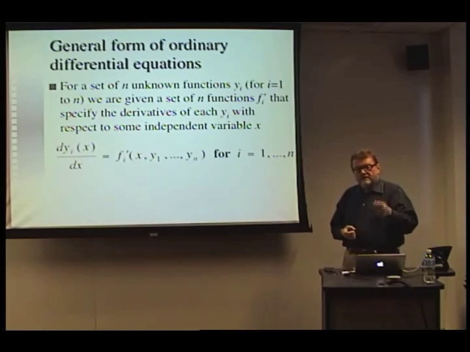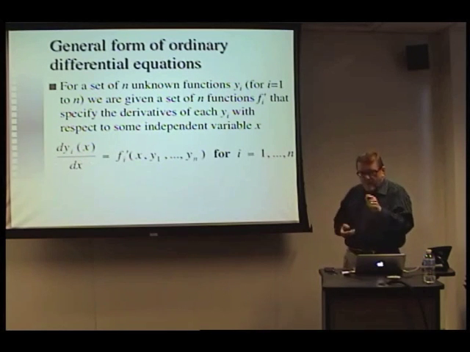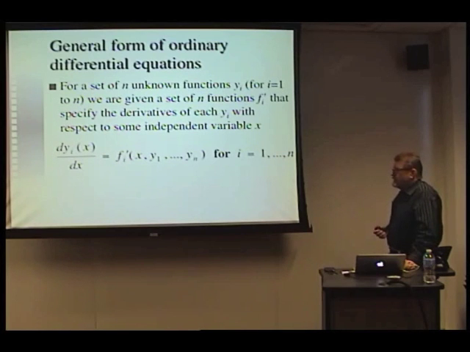So we're going to have y sub i, which is a function of x. The rate of change of that y sub i as a function of a small change in the independent variable x is going to be given to us by some function of x and potentially all the other y's.